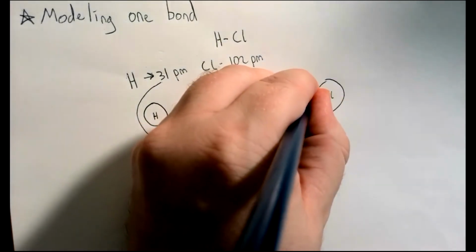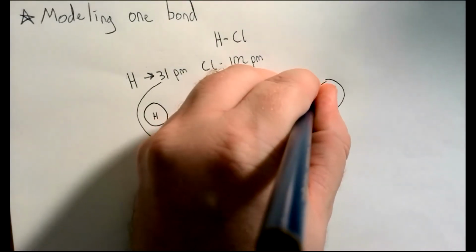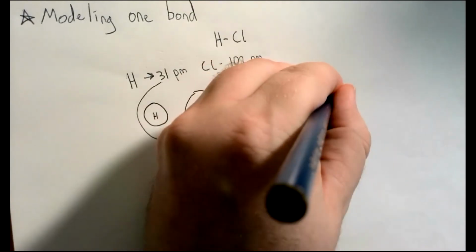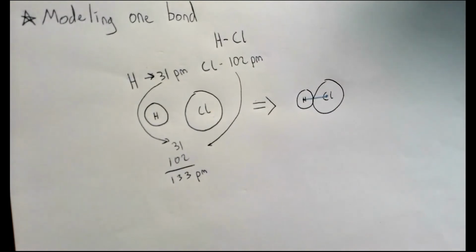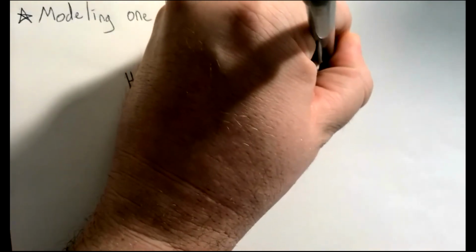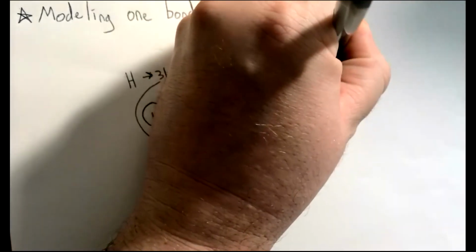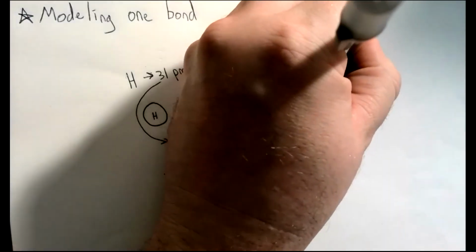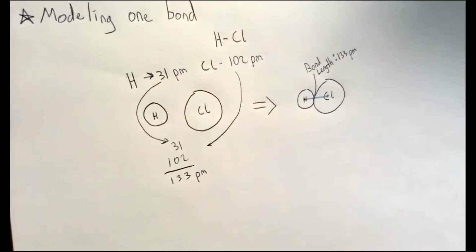But then now I can take a different color, oh, that's kind of nice, and draw from center to center, and I will want to label that. Bond length, and eventually you can probably just abbreviate it as BL. Bond length is 133 picometers.